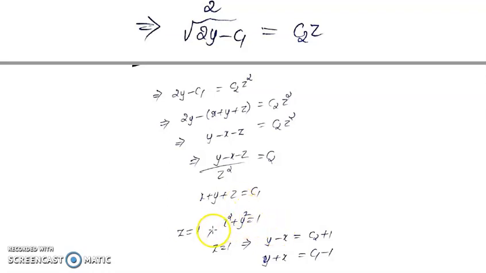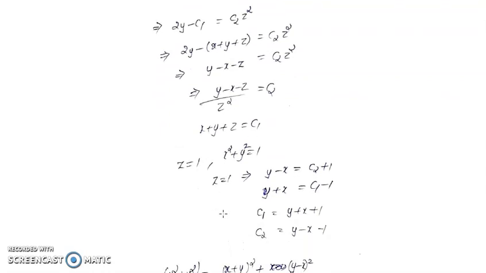Now the given curve is the circle x square plus y square equal to 1 on z equal to 1. Now give the substitution. Here I will substitute z equal to 1. On substituting z equal to 1, you are going to get y minus x equal to c2 plus 1 and y plus x equal to c1 minus 1.